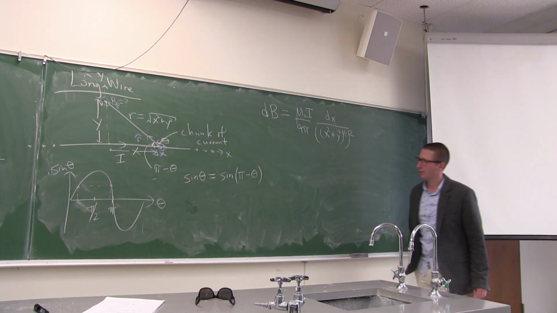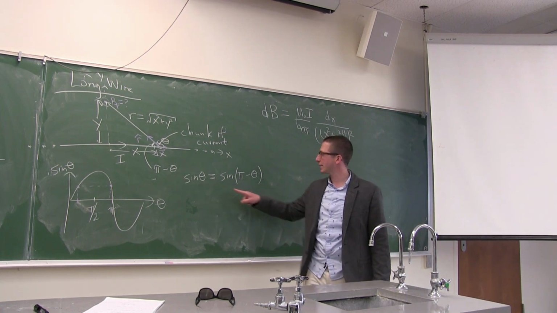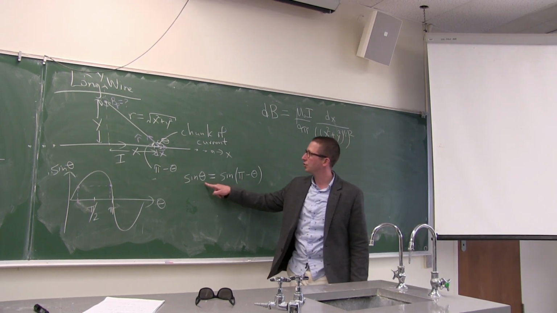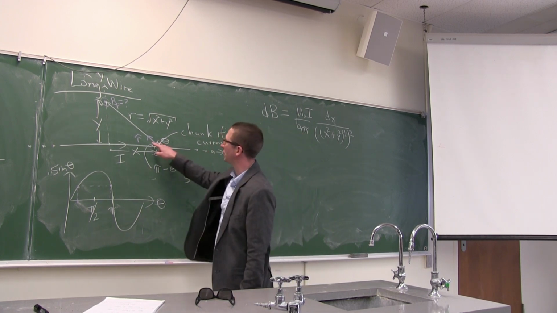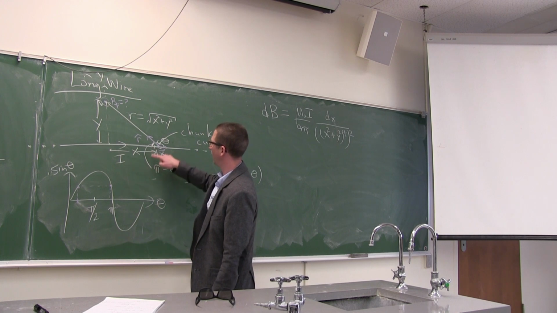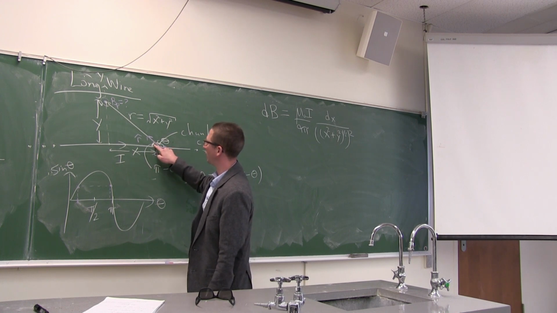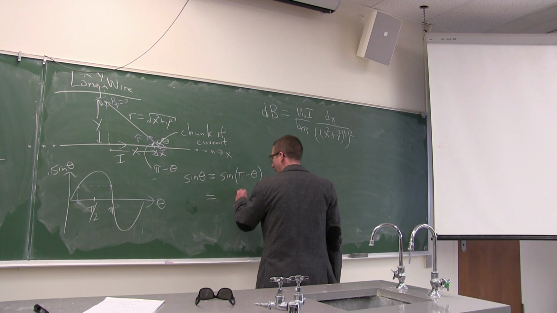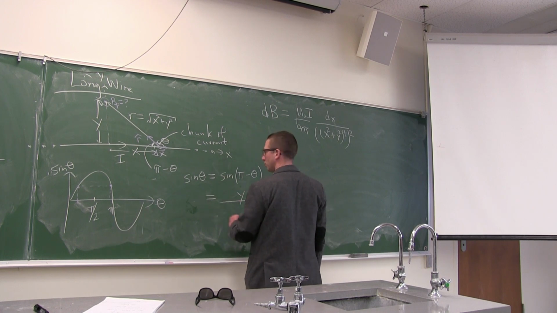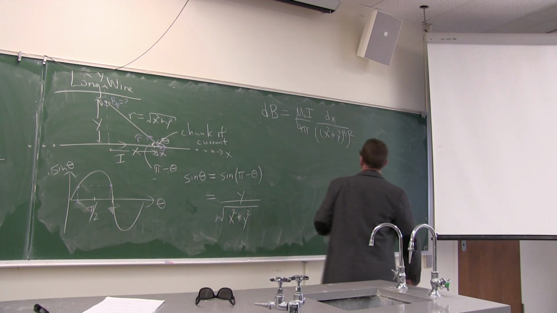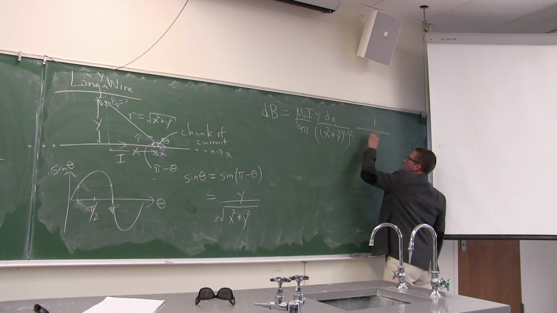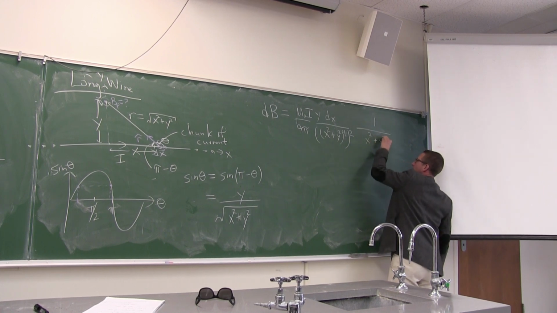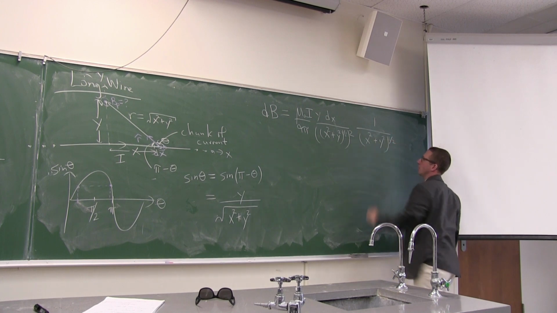And the sine theta, which is the same as sine of pi minus theta, is equal to, geometrically, opposite over hypotenuse. So it's going to be y over the square root of x squared plus y squared. So I have a y, and then I have a 1 over x squared plus y squared to the 1/2.